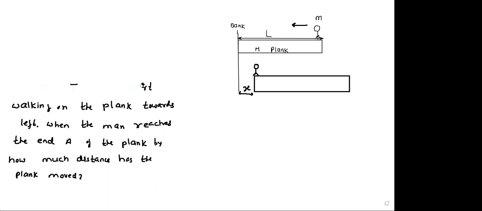So first of all, decide what is your system. In this question, your system is man plus plank. That is your system. If I divide this problem into parts, then the first part is to calculate the position of the center of mass of the system.